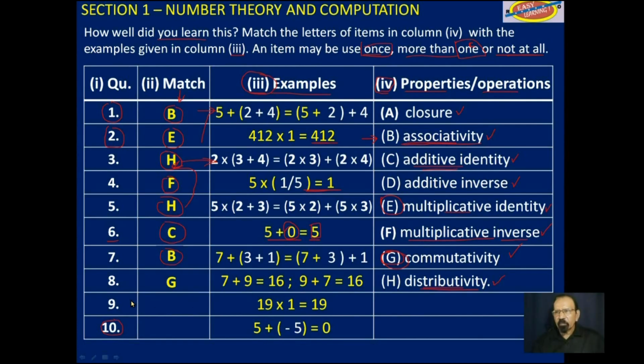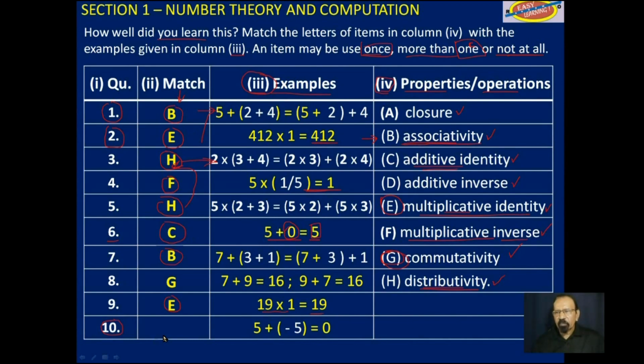Number 9. 19 times 1 is equal to 19. We have seen that before in this exercise. The answer is E, multiplicative identity.